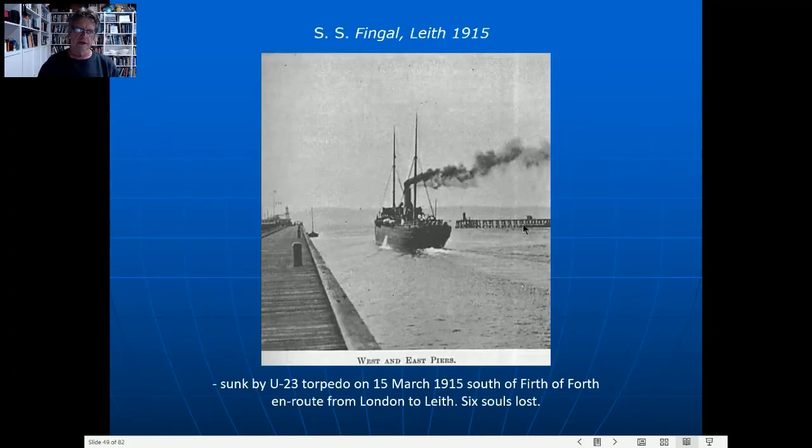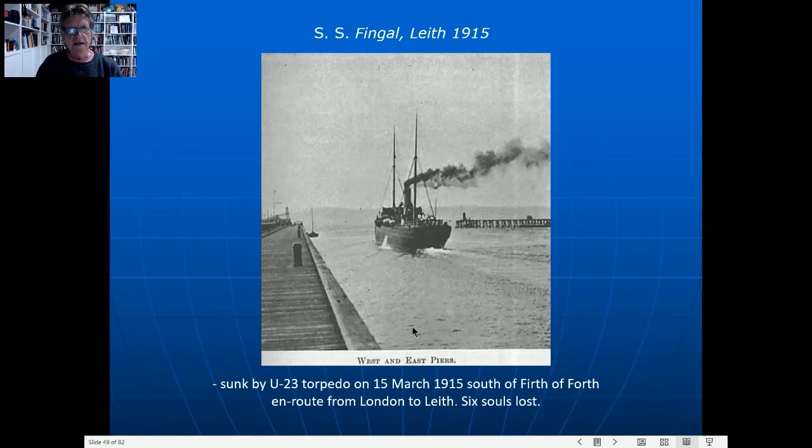Let's go and have a look at Leith in 1915. Now this is in Leith Harbour, which is just basically a suburb, if you like, of Edinburgh, but back in 1915 it was considered a separate town.